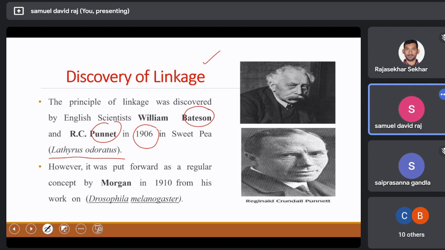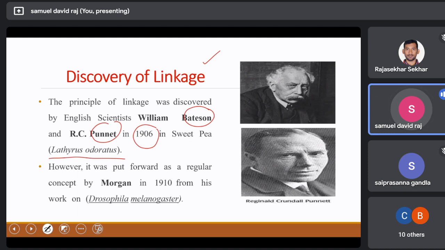They don't know anything about linkage, but they are the pioneers in discovering this phenomenon. After that, while working on Drosophila melanogaster, Morgan in 1910 is behind the concept of linkage along with Castle. So Morgan and Castle are the two scientists who proposed the theory of linkage.